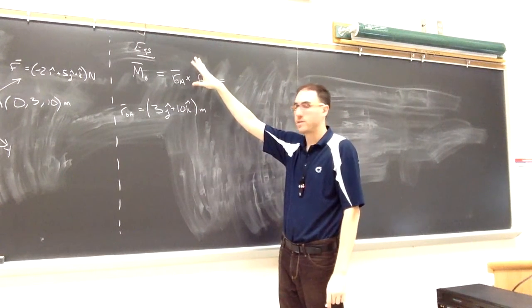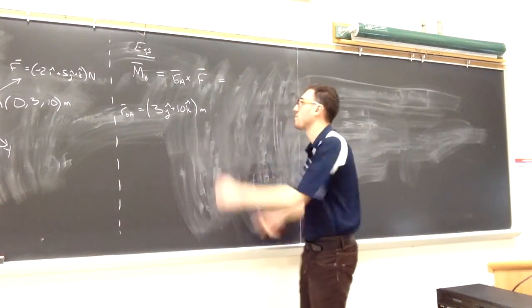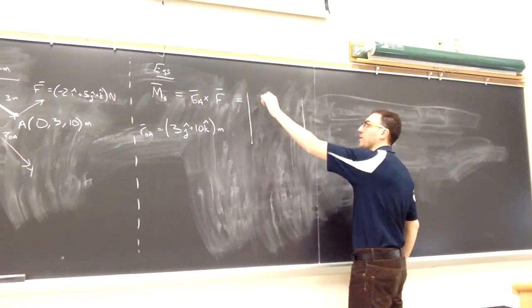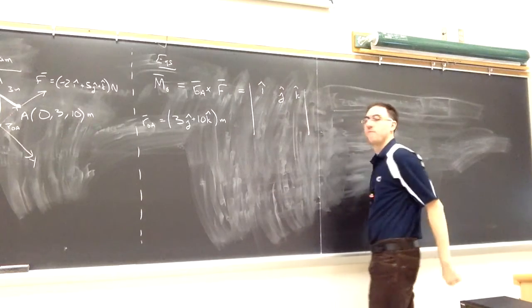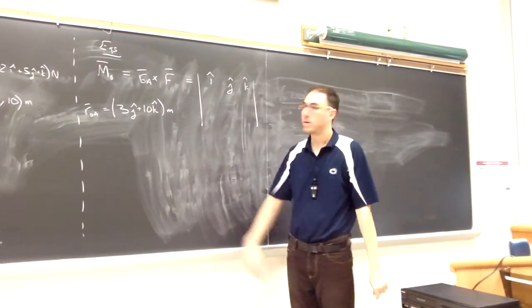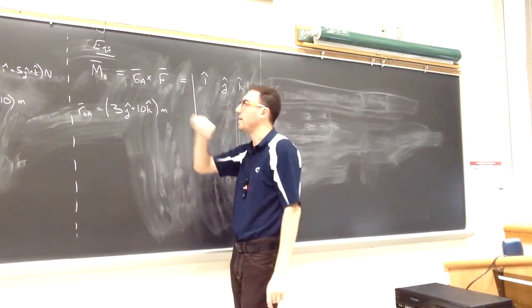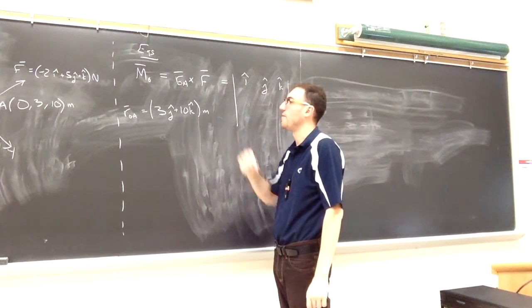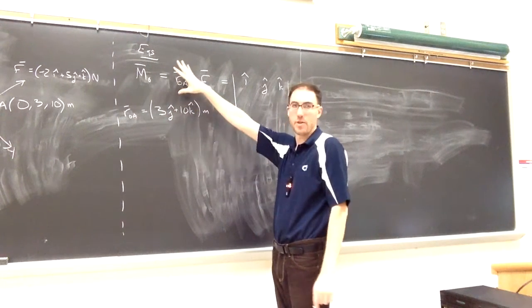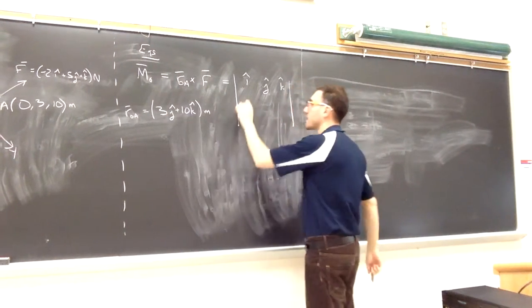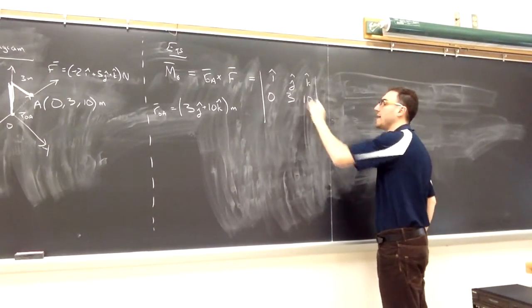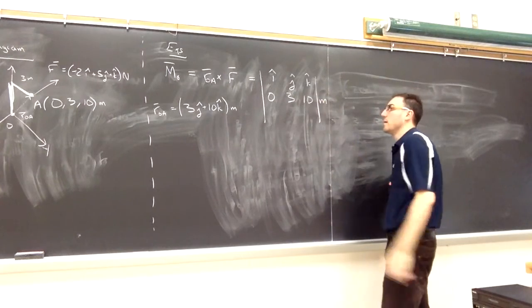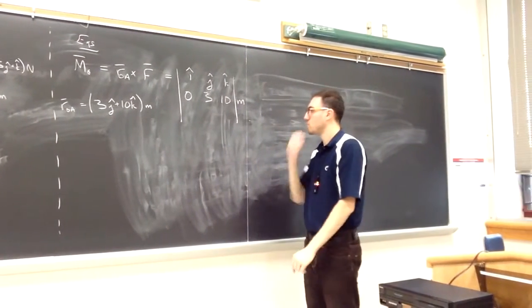We know from the second section that we can write a cross product as a 3 by 3 determinant. First row is always i, j, k. The second row is the coefficients of the components of ROA, or really the R vector generally. So in this case, it's 0 in the i, 3 in the j, 10 in the k, measured in meters.